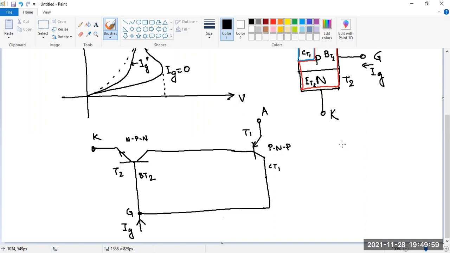For the PNP transistor, let us say this is the anode current, IA, and here the current is the cathode current, IK. But as far as the PNP transistor is concerned, the anode current is basically the emitter current of transistor 1. Am I right?